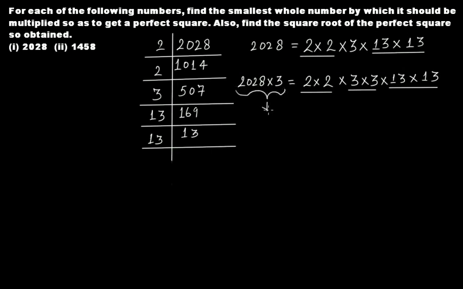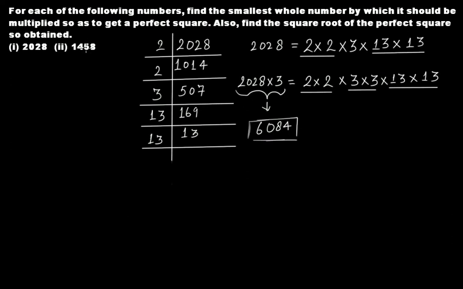That's this one. If you multiply this, 3 8s are 24, 2 3s are 6, 8, 0 and 6, so your number is 6084. This number you get after multiplying the whole number 3 to 2028, so that this new number is a perfect square now, right?